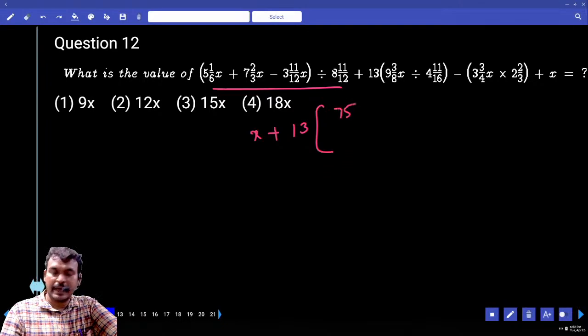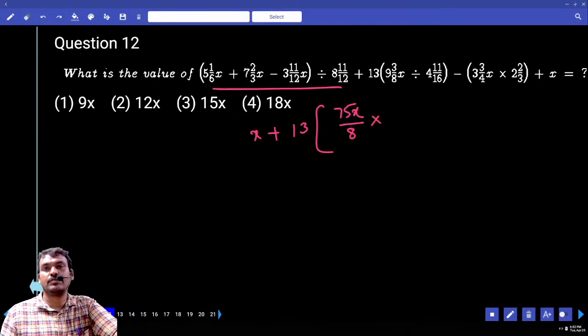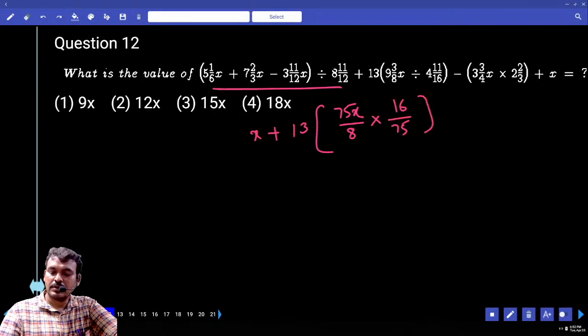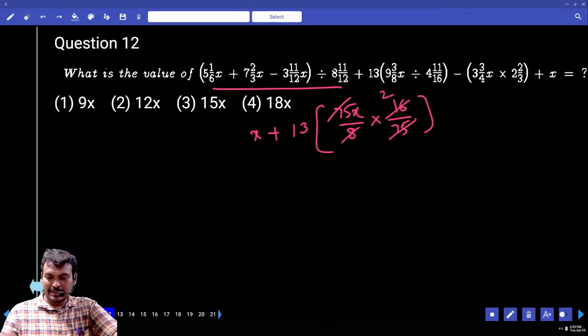75x by 8 into 16 4 the 64 plus 11 75 means 16 by 75. 75 cancel. 8 how many times? 2 times. 2x into 13 26 plus x, 27x.